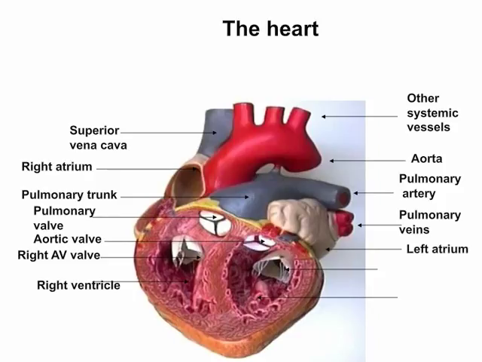We have the left atrium, followed by the left AV valve, which is actually the mitral valve, or sometimes called the bicuspid. And finally, the left ventricle.